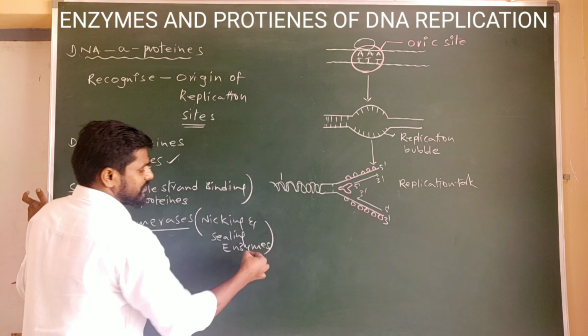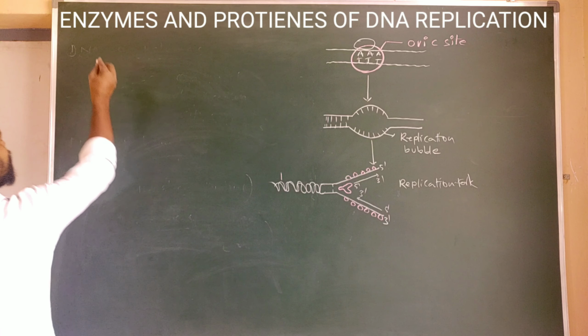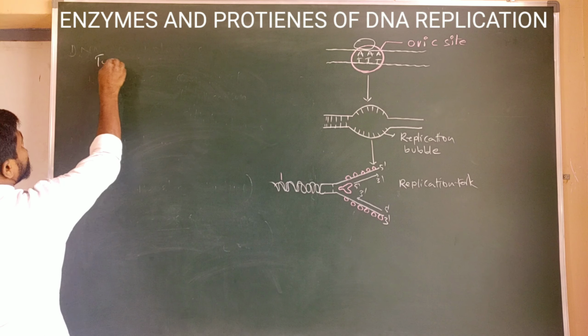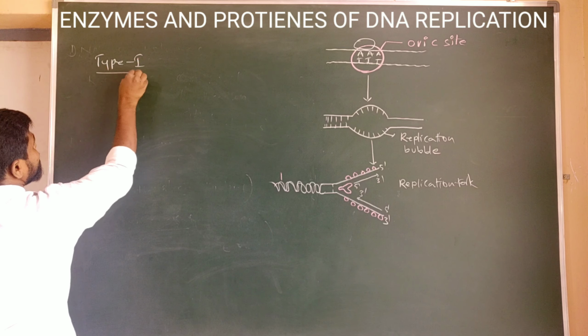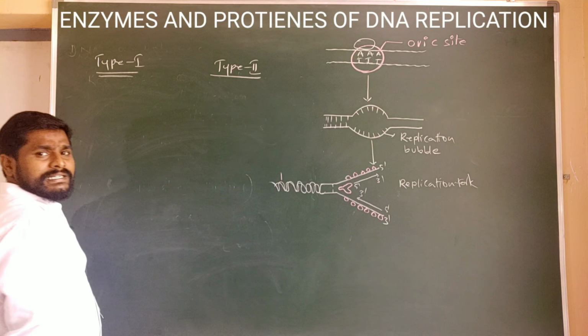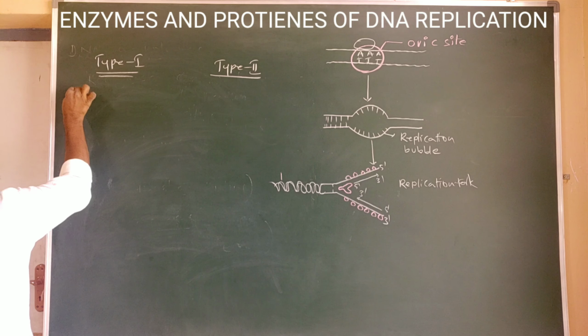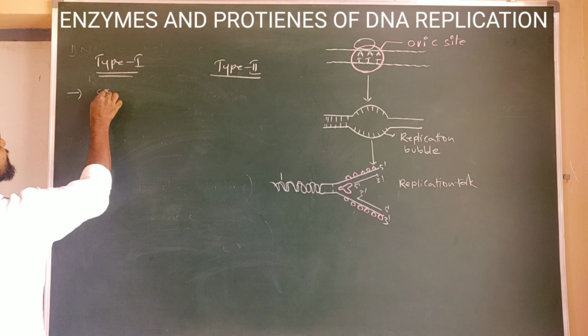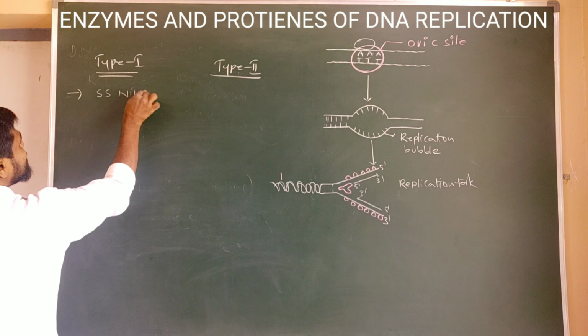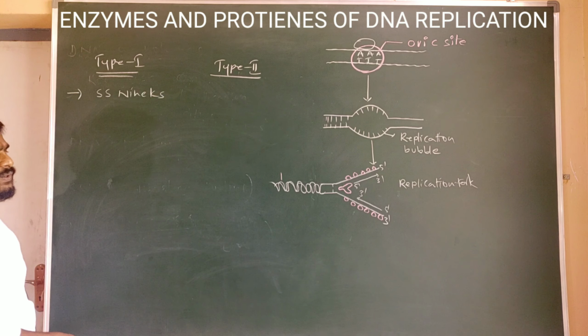There are two types of topoisomerases present in both prokaryotes and eukaryotes. One is type 1 topoisomerases and the other is type 2 topoisomerases. The type 1 topoisomerases form single stranded nicks on the DNA molecule and seal those single stranded nicks, thereby they release the tension created on the DNA molecule.